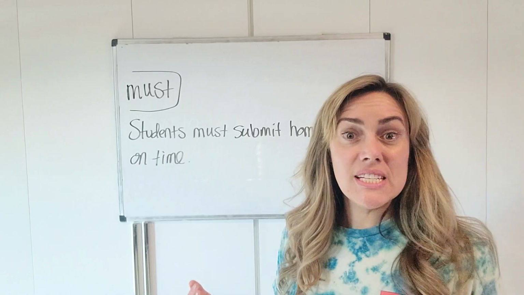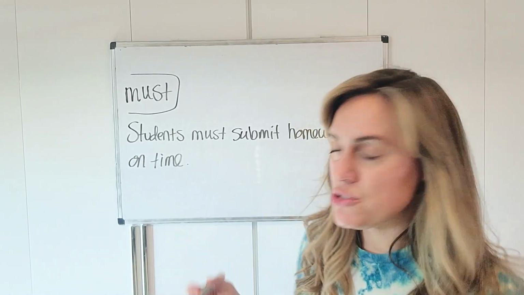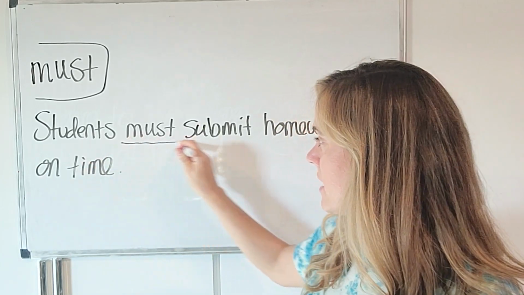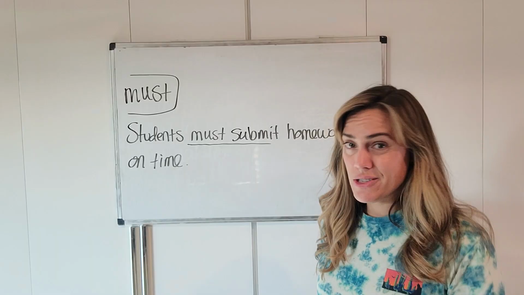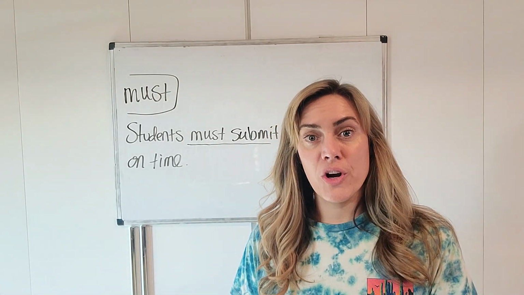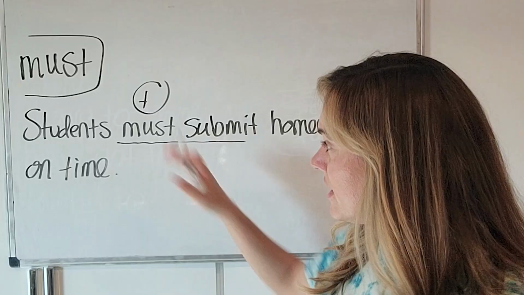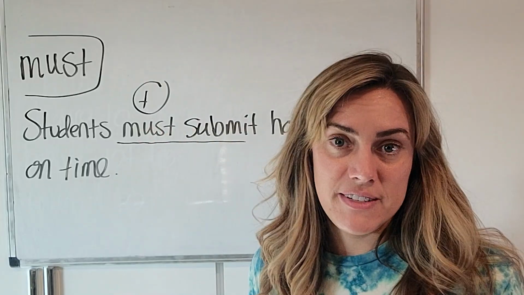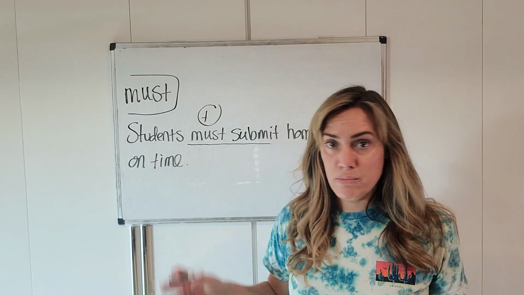Maybe this is something you will see written in a syllabus for a class or something. Students must submit homework on time. Okay, so that just means it's necessary to submit the homework on time, or maybe you won't get the credit. Here we can see must is an affirmative statement, and it refers to all the time, present.